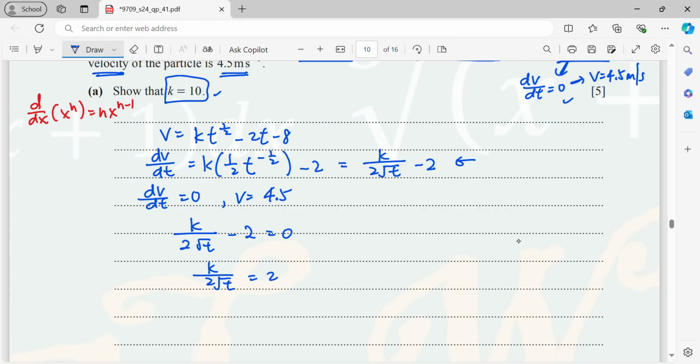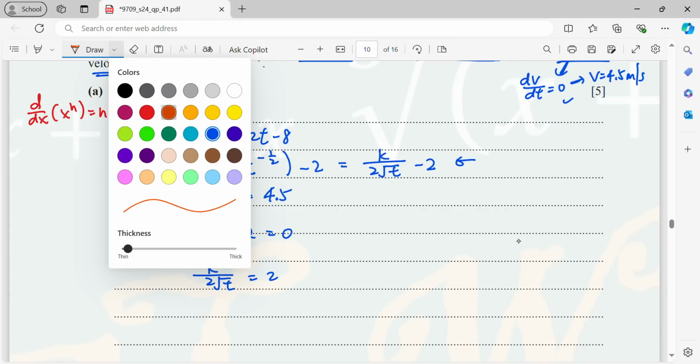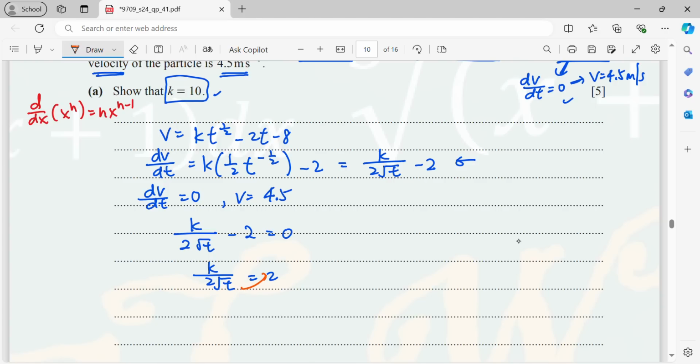To eliminate the t, get t as the subject, which means this square root t, you move up, the 2 moves down, so here I will be getting square root t equals to k over 2 times 2. That is k over 4. So my t, you just square both sides.